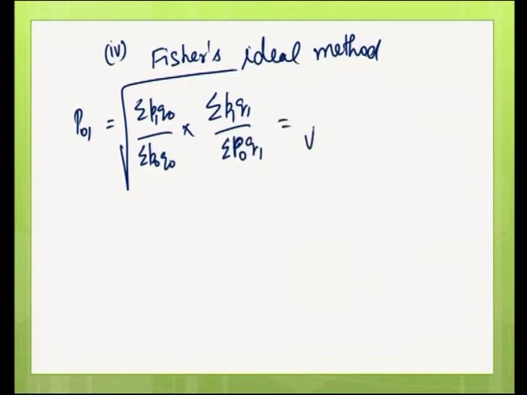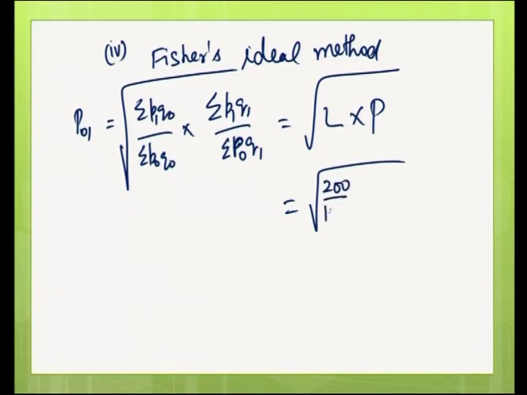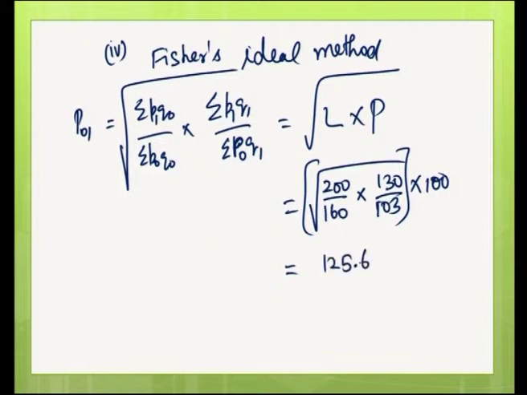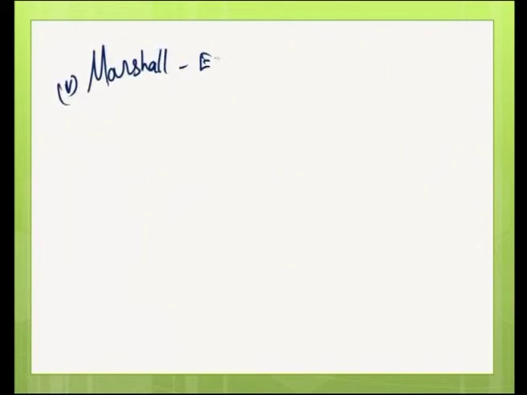It is nothing but root of L into P. L into P is again root of 200 by 160 into 130 by 103 into 100. So, the value is 125.6.